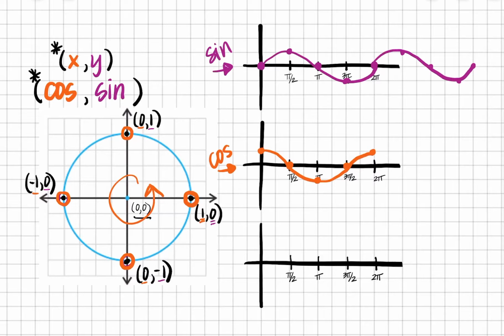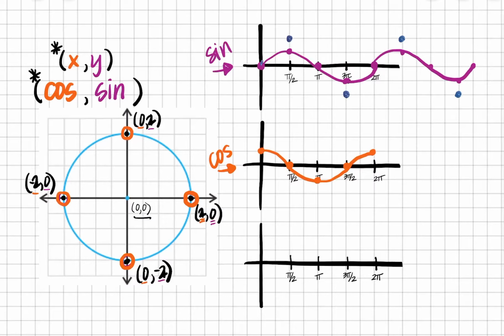So for sine and cosine, you're going to see different transformations. One of the main transformations is, what if this radius wasn't in fact 1? What if instead the radius was 2? Well, then this point would change to 2, this point would change to 2, this point would change to negative 2, and this would change to negative 2, which would just really simply extend this up to 2 here, this down to 2 here, this to 2 here, 2 here.